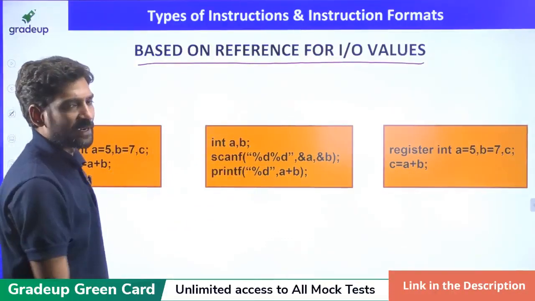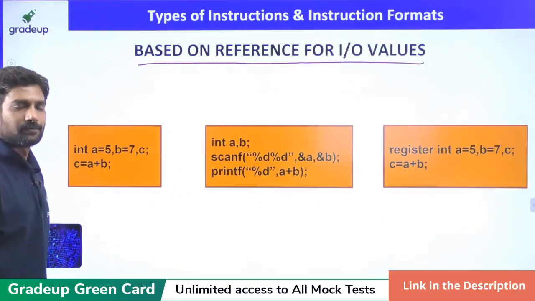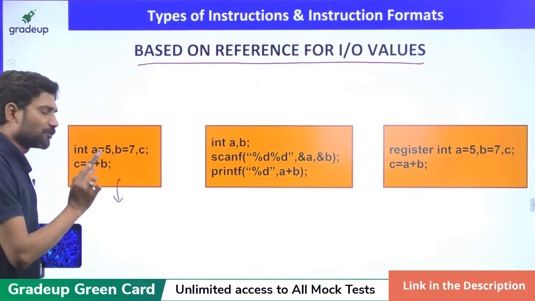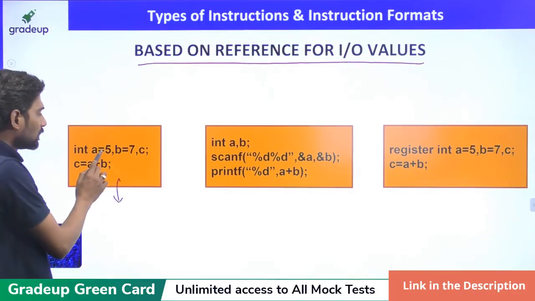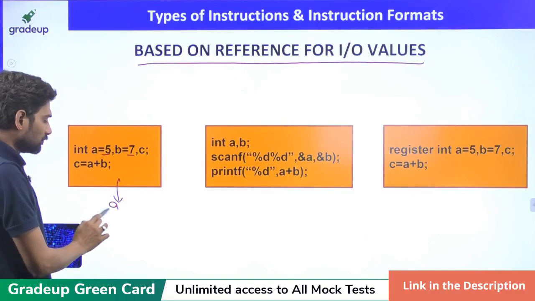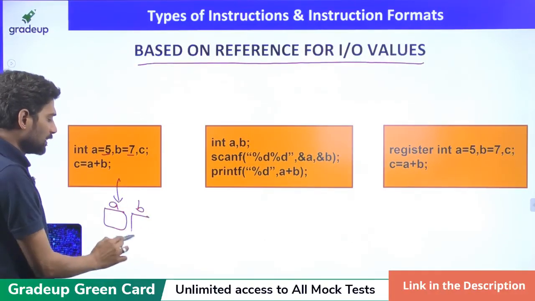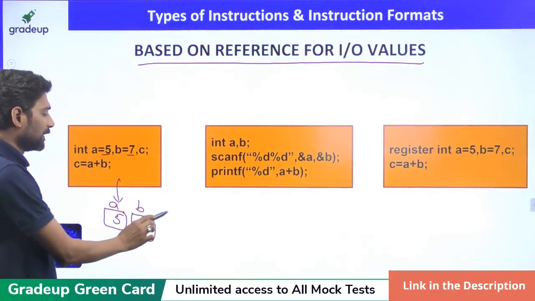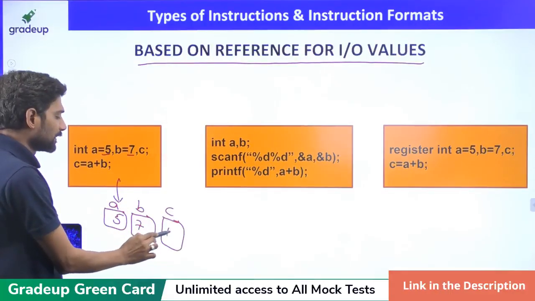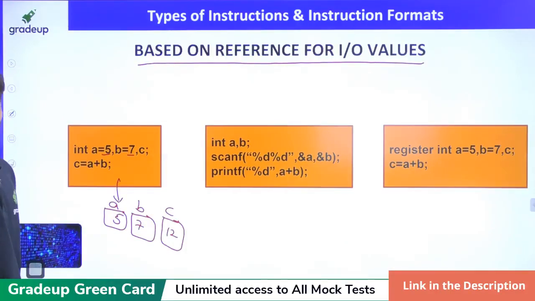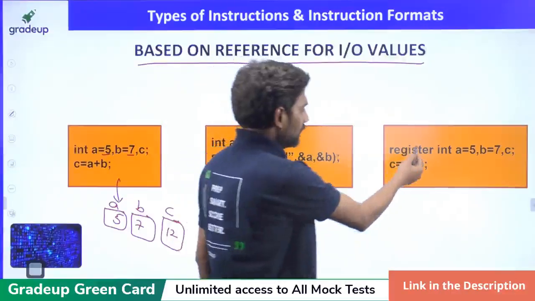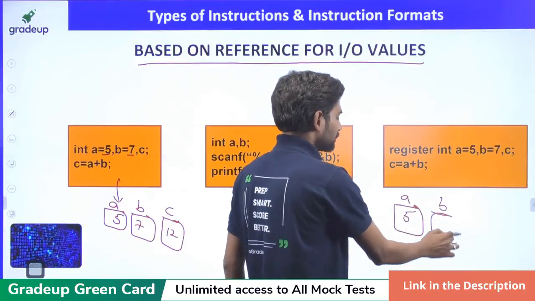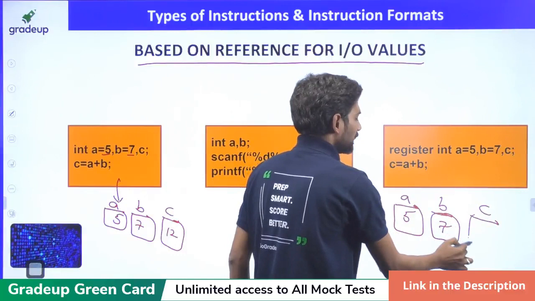What's the difference you find between these three? In the first snippet, I initialize the A value and B value, add A and B and put the result in C. Even in the third snippet I do the same, putting the result in C.